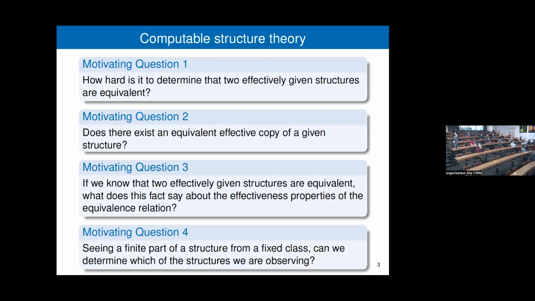Okay. So there will be 4 motivating questions and 4 directions that I will try to explain, hopefully. The first kind of results are about the question, how hard it is at all to determine that 2 computable structures are bi-embeddable.